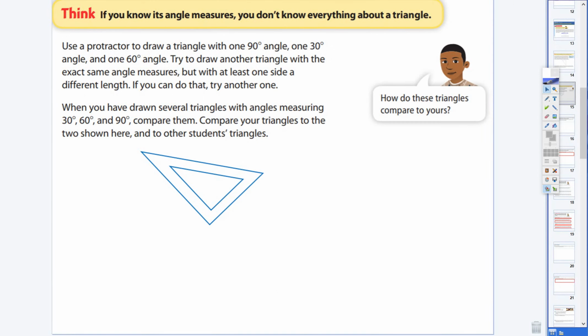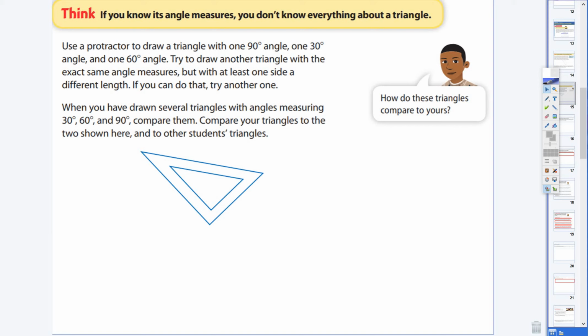Think, if you know its angle measures, you don't know everything about a triangle. Use a protractor to draw a triangle with one 90-degree angle, one 30-degree angle, and one 60-degree angle. Try to draw another triangle with the exact same angle measures, but with at least one side a different length.